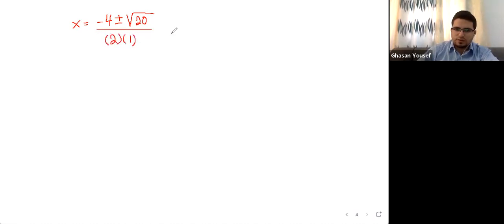This is correct. So here I get minus 4 plus square root of 20. How can I simplify the square root of 20?